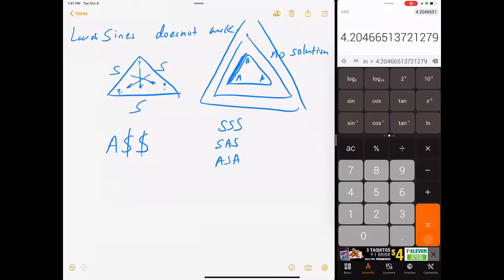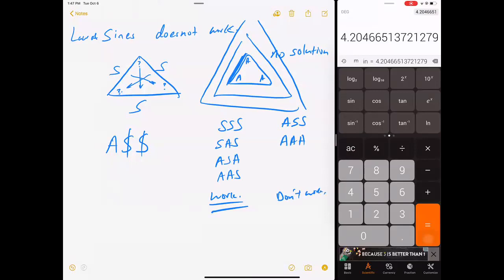You have, what was another one? Angle, angle, side. These all work. What doesn't work is ASS, because that's a bad word, and AAA. These don't work.